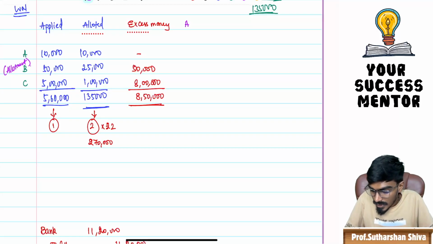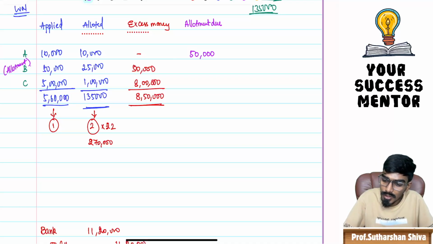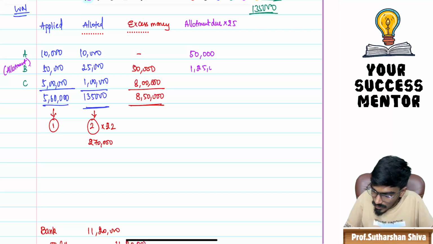Now, how much is the allotment money due? Here it is 50,000. Correct? Now here what is the allotment money due? 25,000 into 5. Allotment money is 5 rupees, so it is 1 lakh 25.